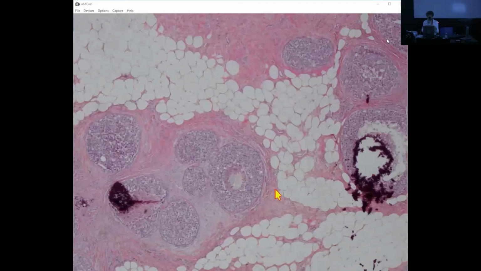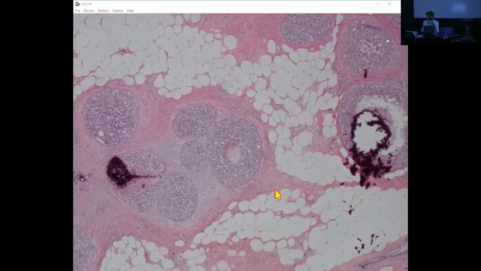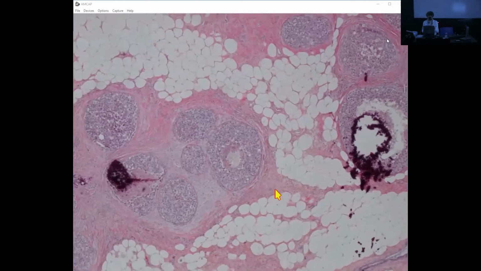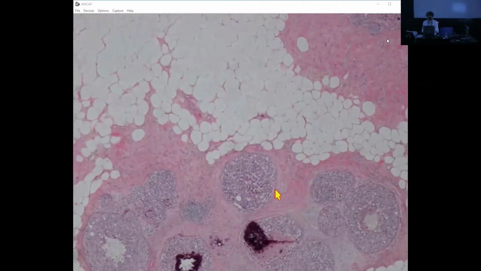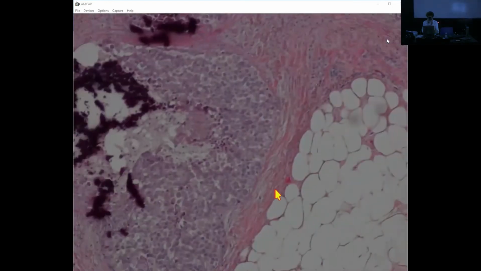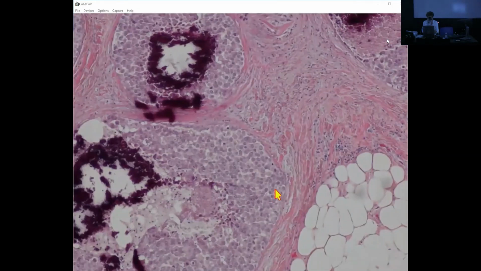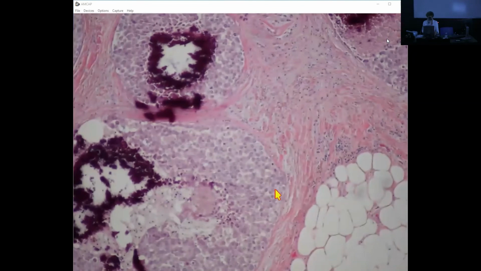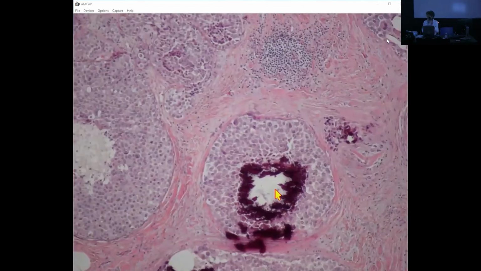I look at 4x magnification, and if the nuclei are so big that I can see them and they don't look uniform and regular, I think, oh, this is probably pleomorphic. It looks really ugly. And then we go to higher magnification and look for the nuclear atypia.